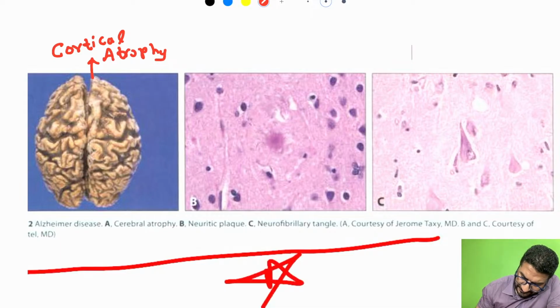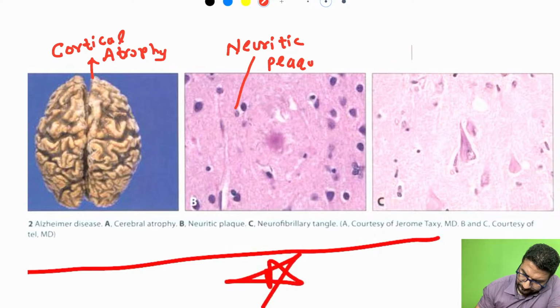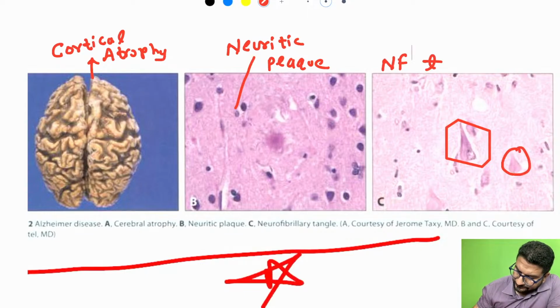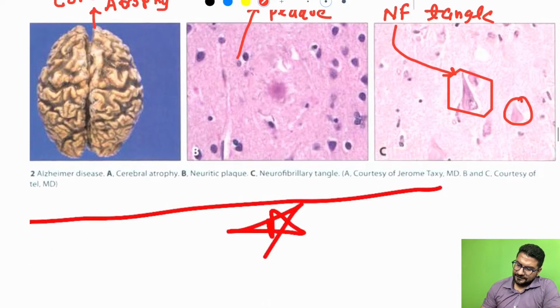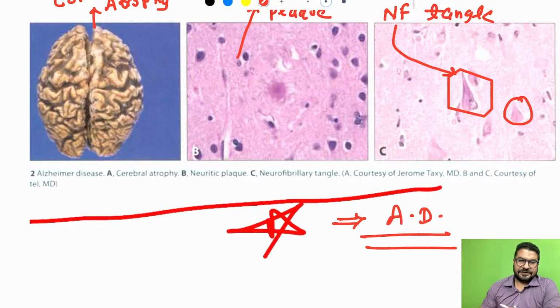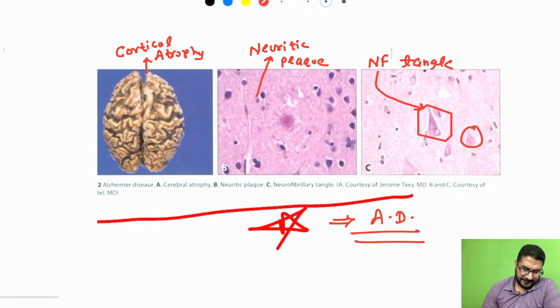We call them neuritic plaques. And these triangular structures are called neurofibrillary tangles. These are the changes which we see in a patient with Alzheimer disease.